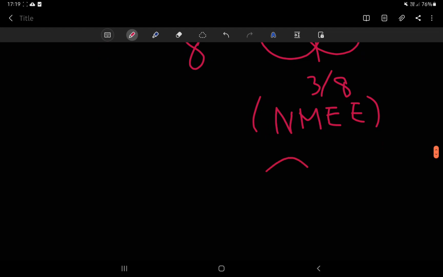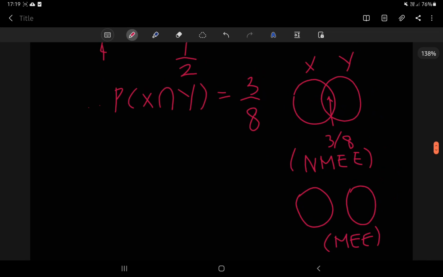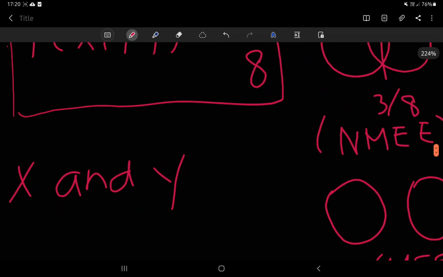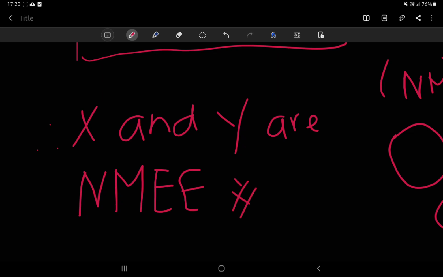For the case of mutually exclusive, it will be like this. There is no intersection, so this is for the case of mutually exclusive event. Because our result is this, the intersection exists, hence the events X and Y are not mutually exclusive events.